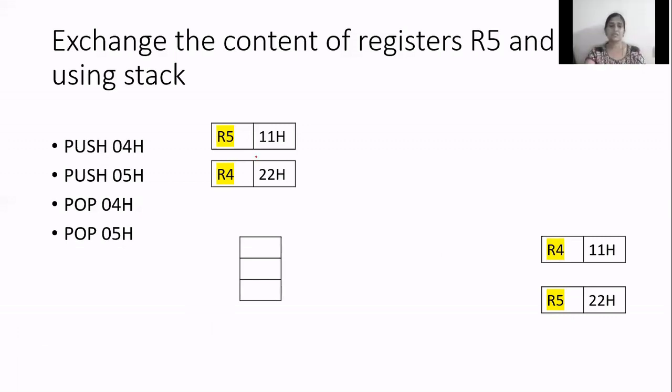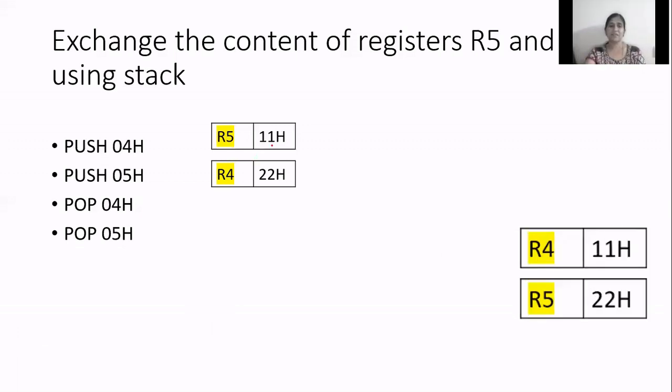We had in R5 11 and R4 22, and at the end of the program, we can see that R4 has 11 and R5 has 22H. So this is the main intention of the program. We needed to exchange two data, the R4 and R5 contents. We have exchanged them using the stack operations, that is the push and the pop operations.